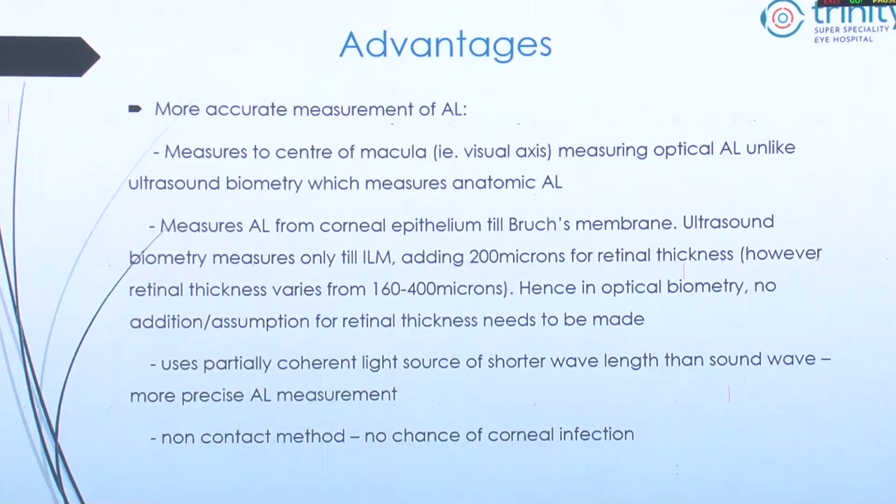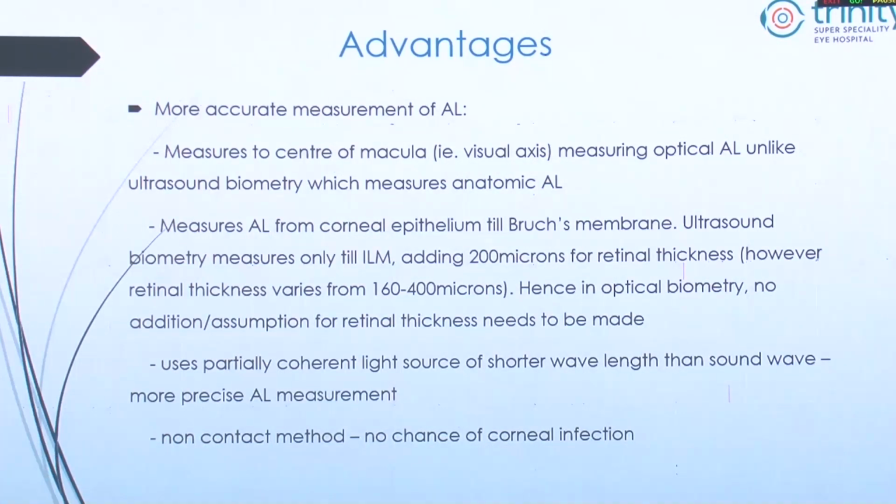However, retinal thickness varies from 160 to 400 micron. Hence, in optical biometer, no additional assumption of retinal thickness needs to be made, while in ultrasound you make an assumption like 200 on average. It uses partially coherent light, and it's non-contact.